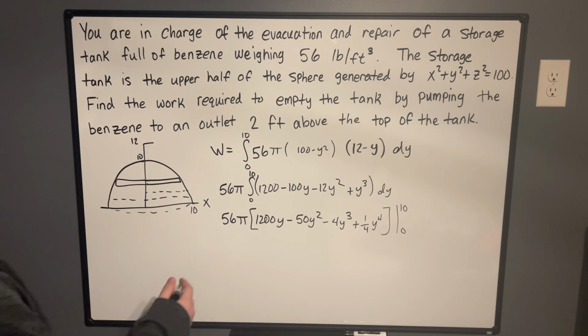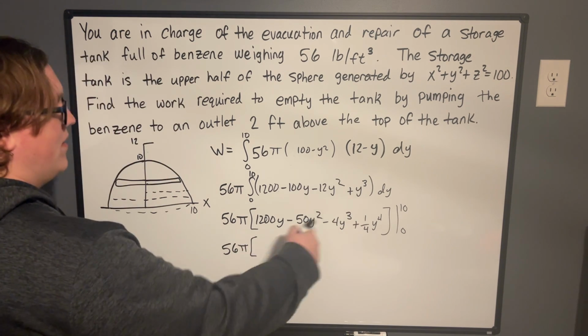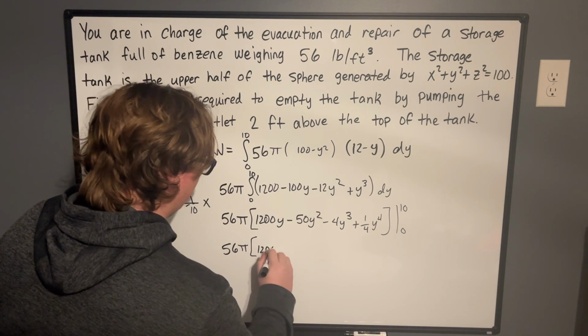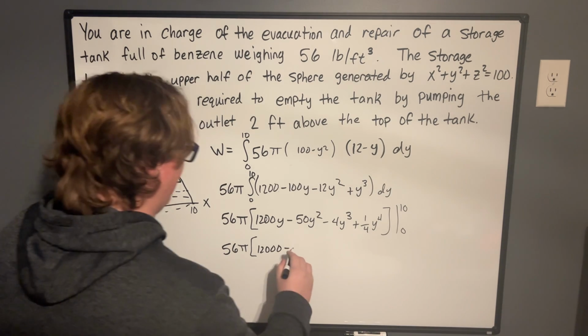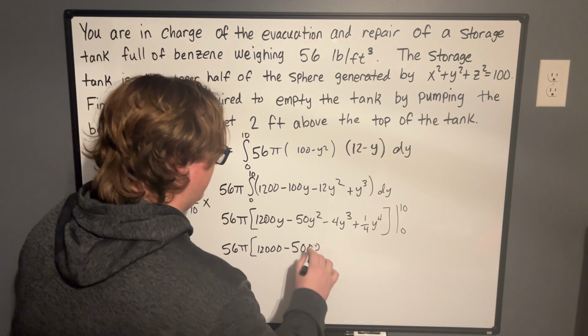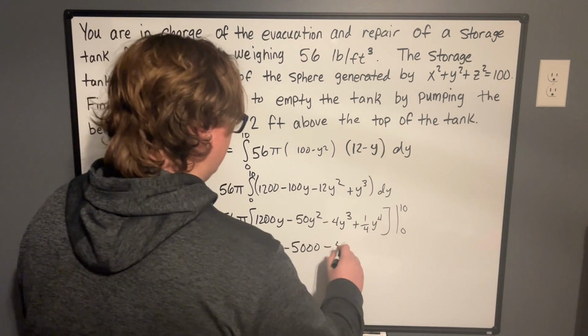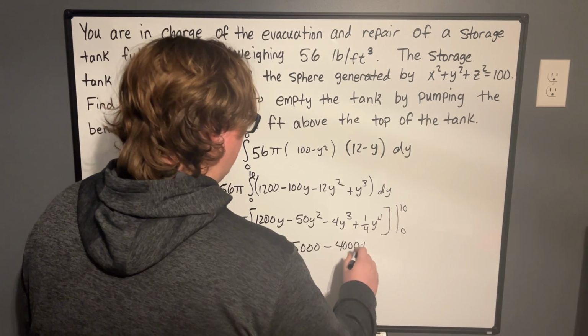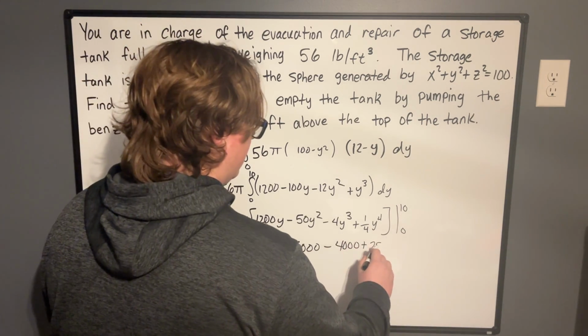And then now when I evaluate, I'm going to get 56 pi times, if I plug in 10, I get 12,000 here, minus 50 times 100, which is going to be 5,000, minus 4 times 1,000, that's going to be 4,000, plus 1/4 times 10,000, which is going to be 2,500.